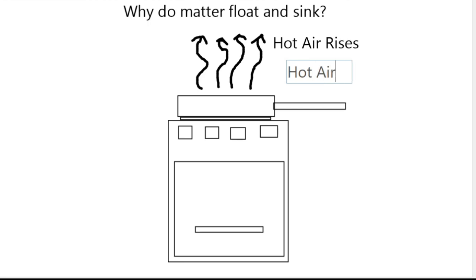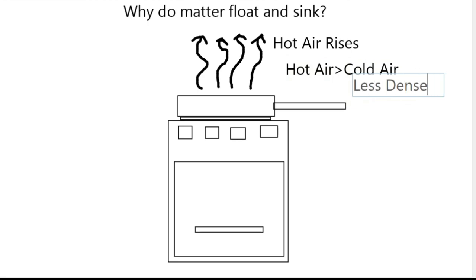It's basically because hot air is less dense than the cold air, right? So it's the density difference. Hot air is less dense, that's why it floats, and cold air sinks because it is much more dense.